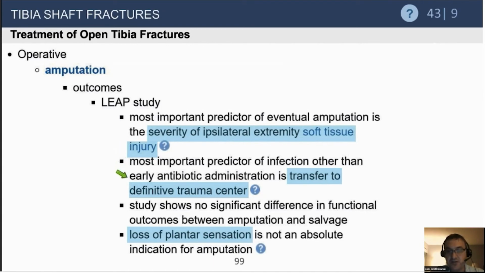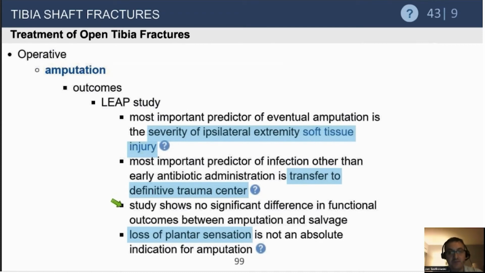Why is that the correct answer? Well, most trauma centers will usually have a team dealing with limb preservation, and that requires a multidisciplinary team and a significant amount of resources.